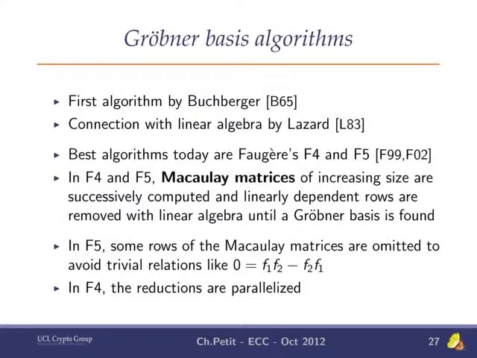So when you write this matrix, that corresponds to a linear combination that leads you to rows that are just 0, that are useless. And you can predict these useless rows. So basically what F5 is doing is preventing those rows from appearing by avoiding some of the rows. And in F4, the reductions are also parallelized.